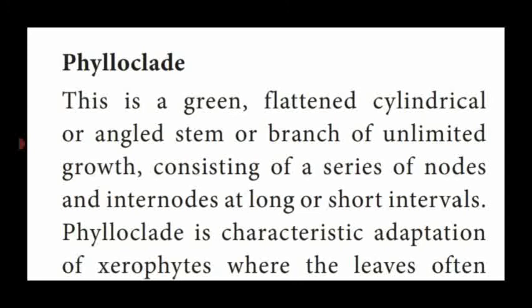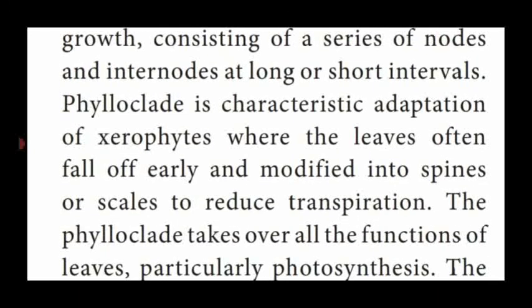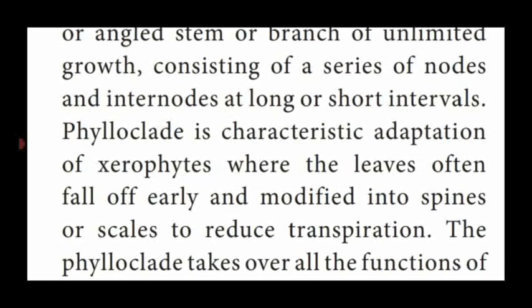So this phylloclad stem is a characteristic feature of xerophytic plants. What is a xerophyte? A plant which lives in the desert region. Here, in these xerophytic plants, the leaves often fall off, or are modified into spines to reduce the rate of transpiration, because in the desert region water is insufficient, isn't it?